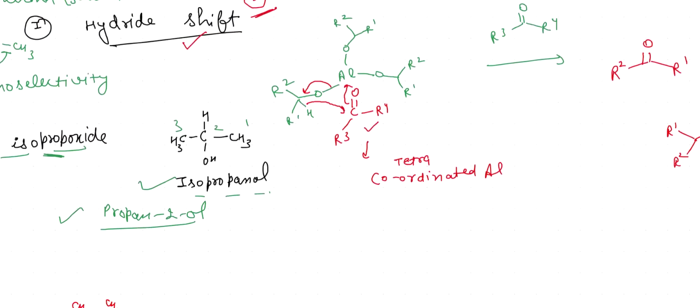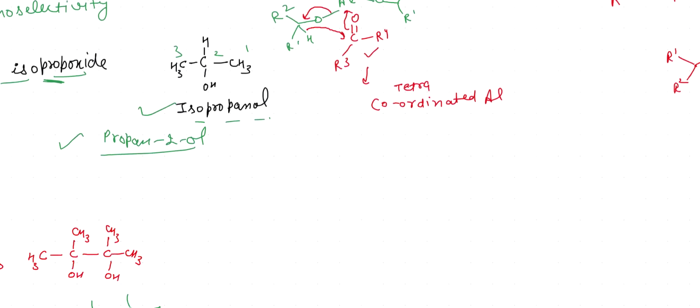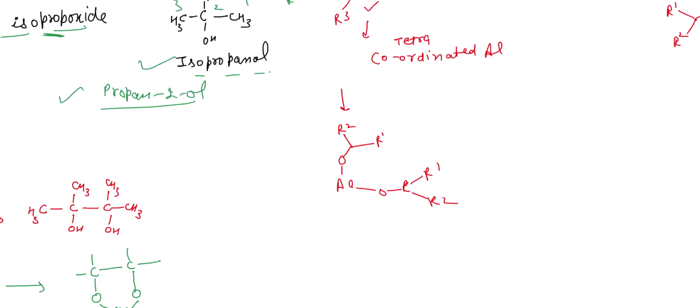So in short, aluminium, oxygen, C, and there are two groups, R1, R2, oxygen, C, R1, R2, and H is here, and C double bond O, R3, R4.